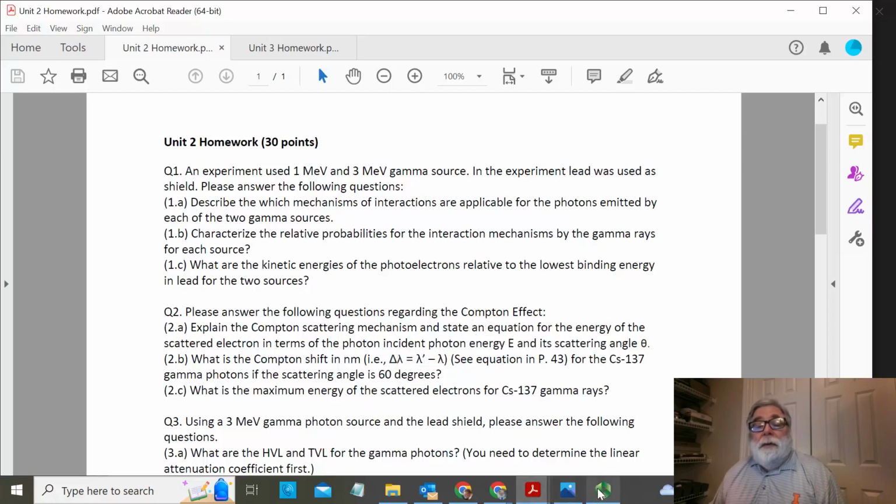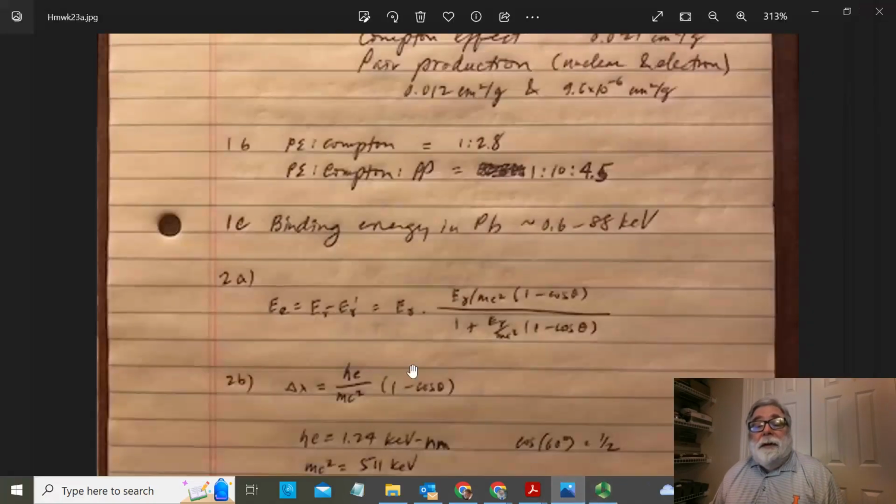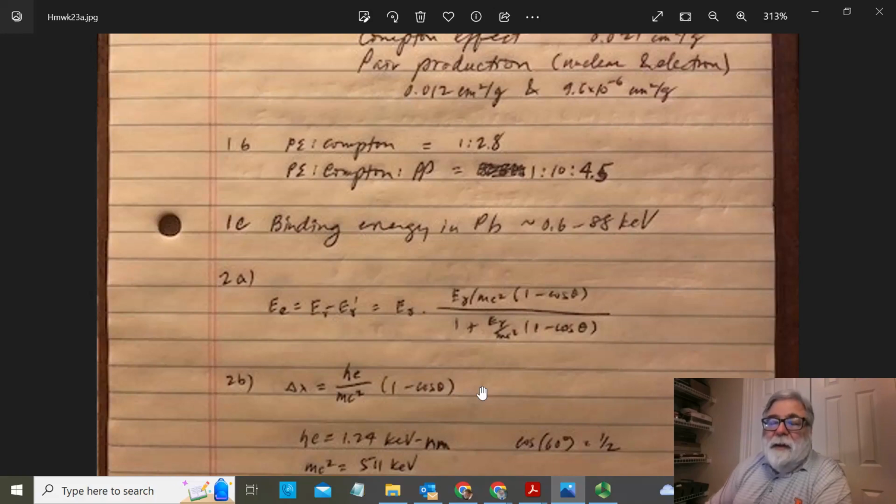So in the statement book, there we go. What it had was delta lambda is equal to h over mc times 1 minus cosine theta. Well, you can substitute in for h and m and c and make sure you get the units right. But I don't know those constants in my head. I do remember hc. I used it in the first slide.